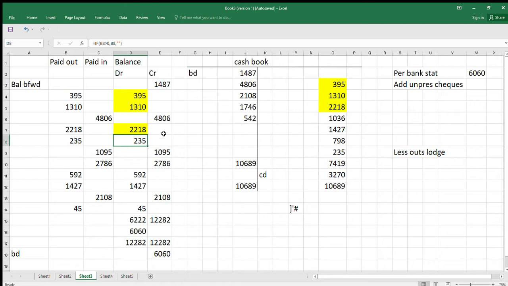That's not in there. 592. Oh, we've got the 235. Yeah, got that one. I've got that one as well. Nothing else in there. Right, let's start going on these ones. That one.